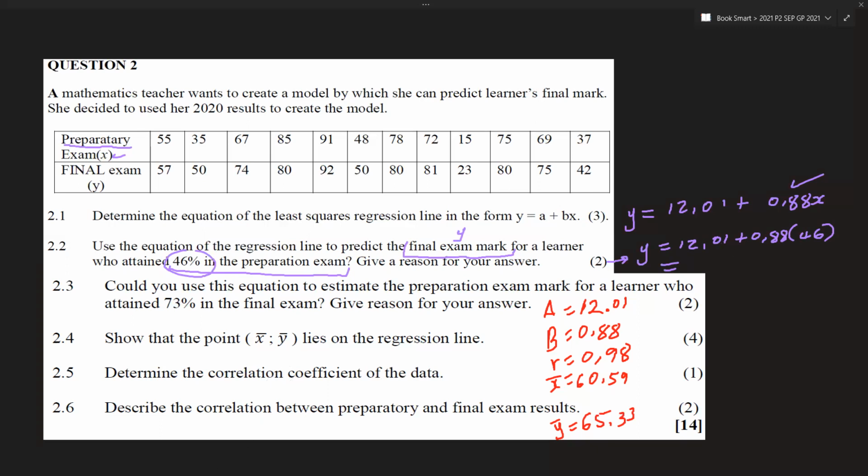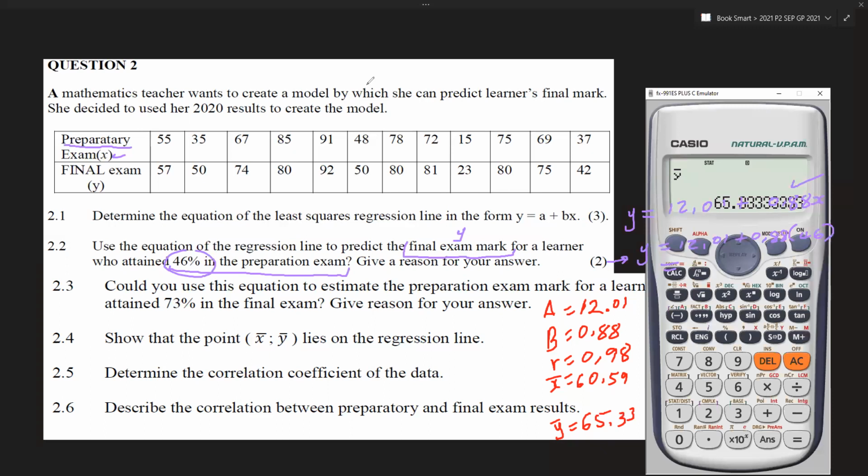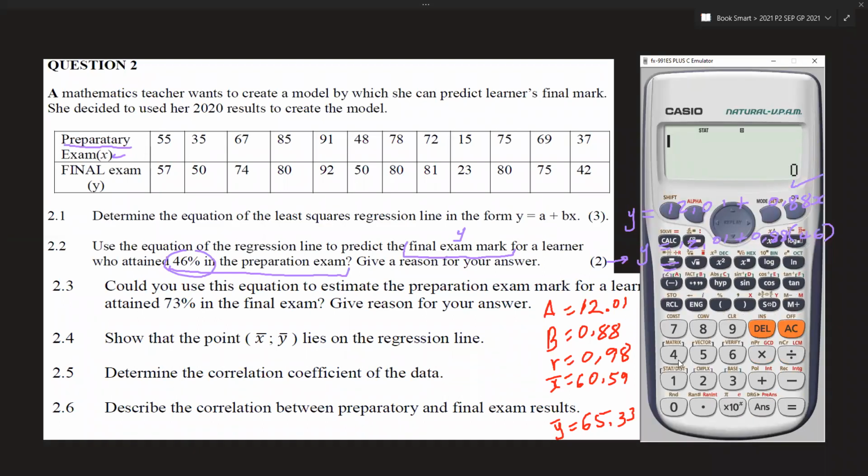Okay, now let's check what that gives us. We have 12.01 plus 0.88 inside the bracket, we have 46, which gives us 52.49.